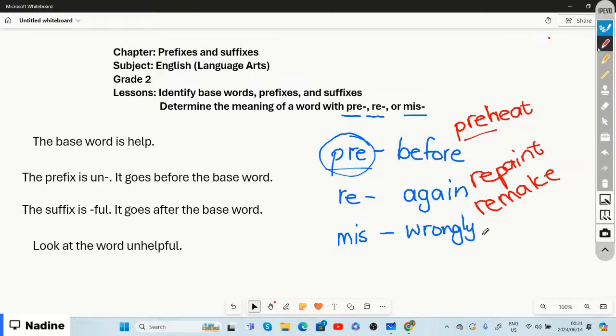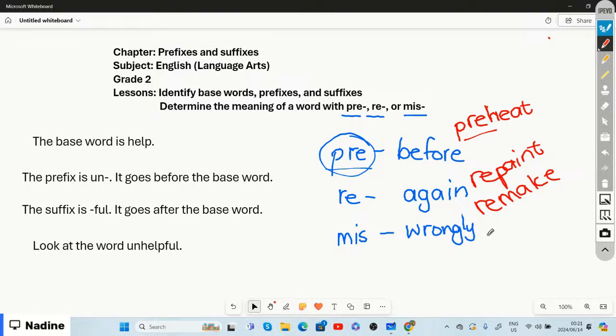And if we think of a few words with miss, think of someone who doesn't listen, that is going on all the time. What is the opposite of behave?